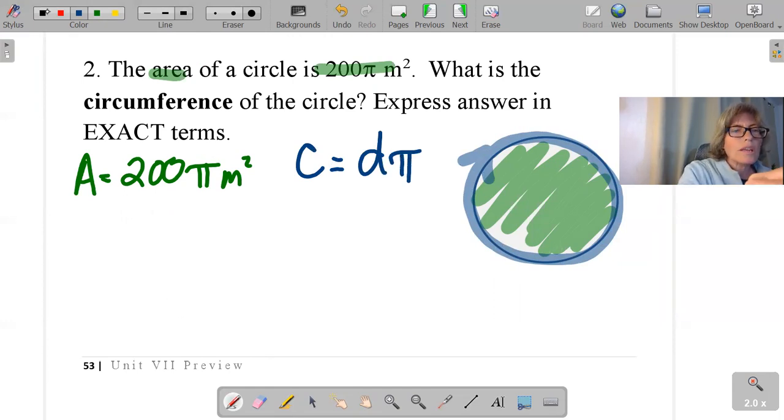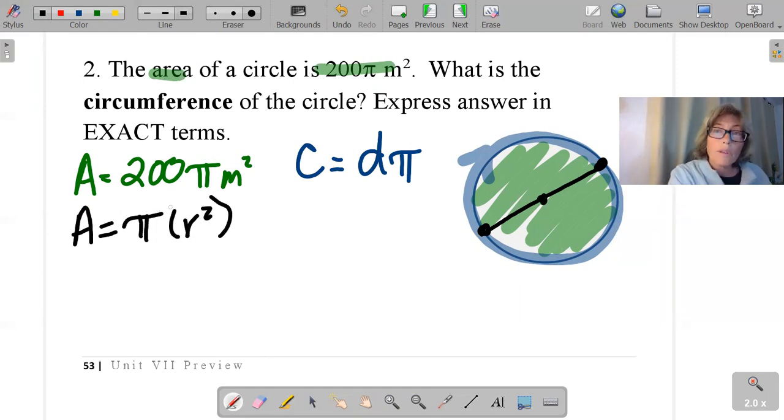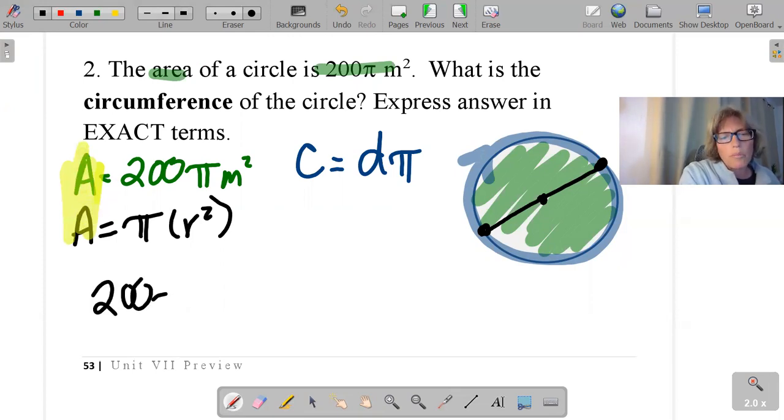So obviously what we need here is the diameter. So we come over here, write out the equation for area. And since this is equal, I can now write 200 pi equals pi, parentheses, r squared.